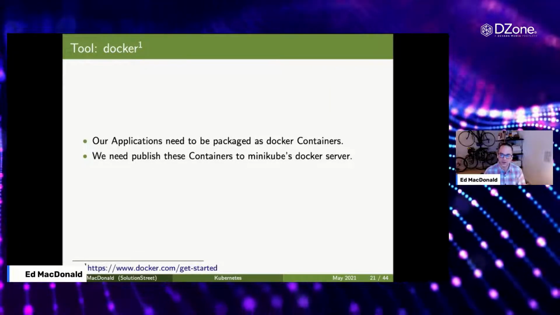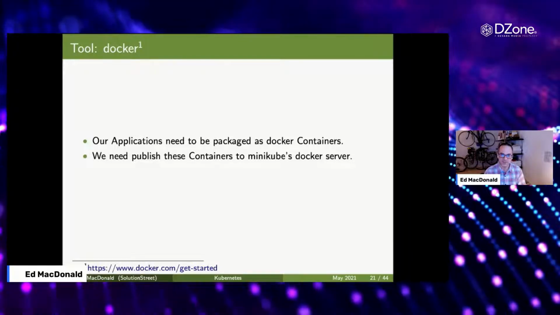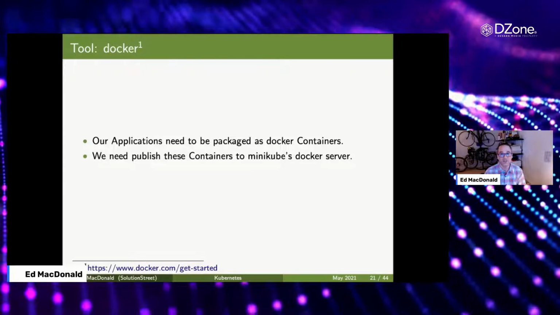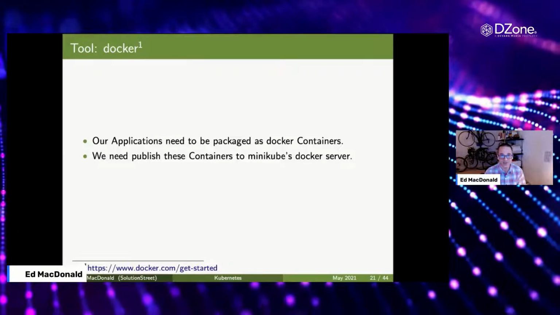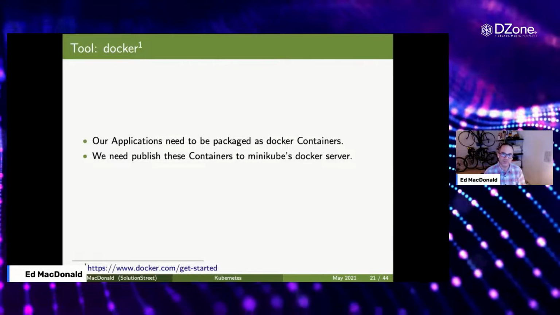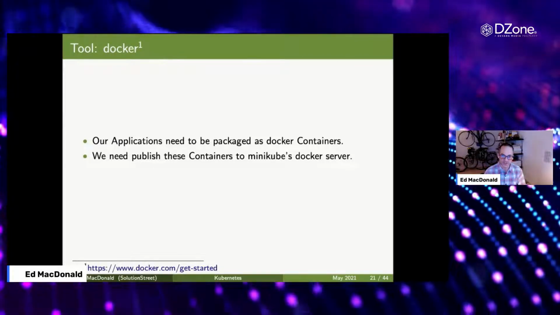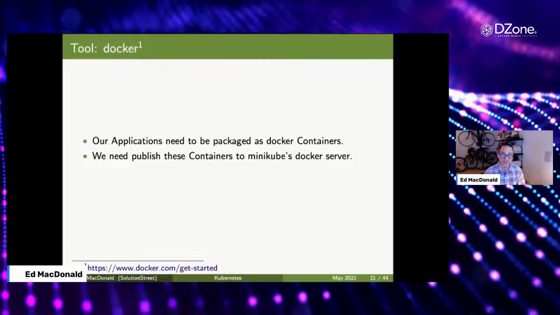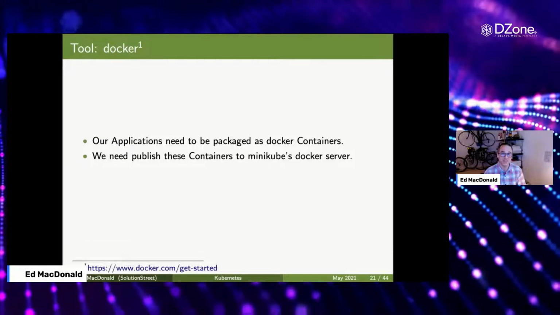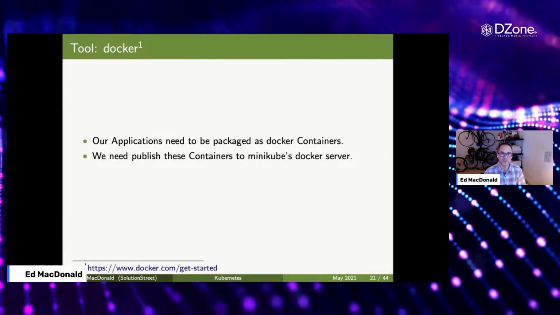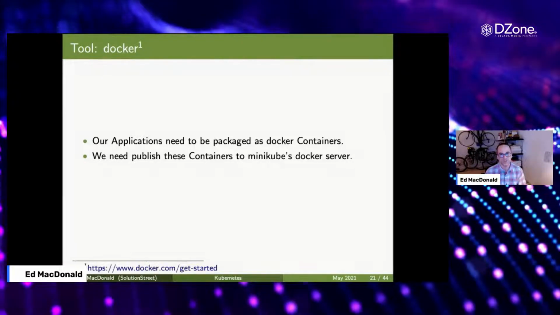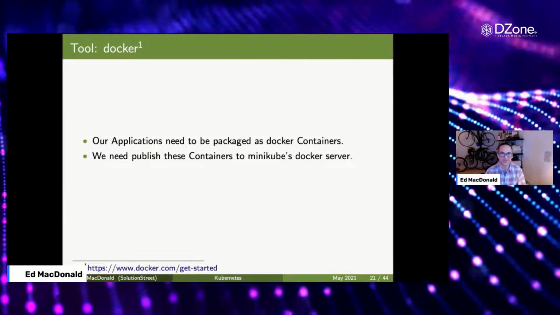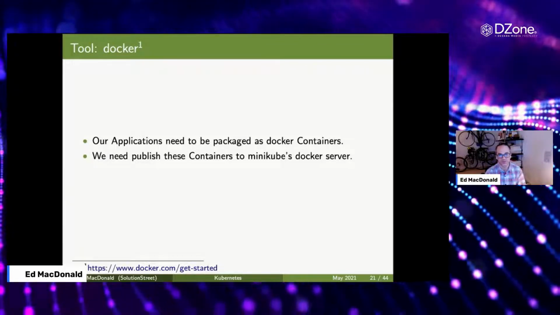But on Mac, it installs a VM, and then that VM, it configures it to be a Kubernetes node and installs the Kubernetes software, but it also installs a Docker image repository that you can push your images to, because that Kubernetes cluster, Minikube, needs to pull those images from somewhere. So Minikube is more than just a Kubernetes cluster. It's also a Docker image repository, is the short description there.